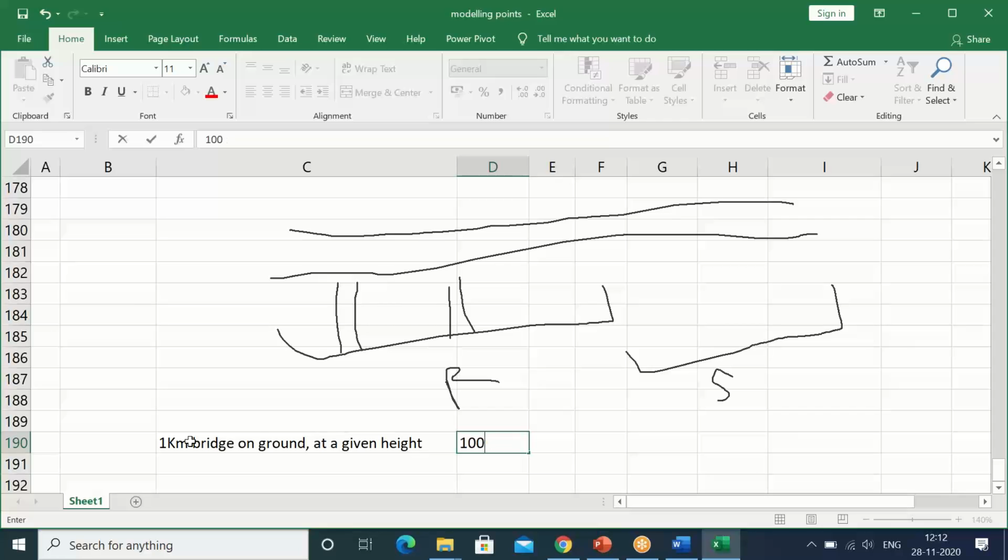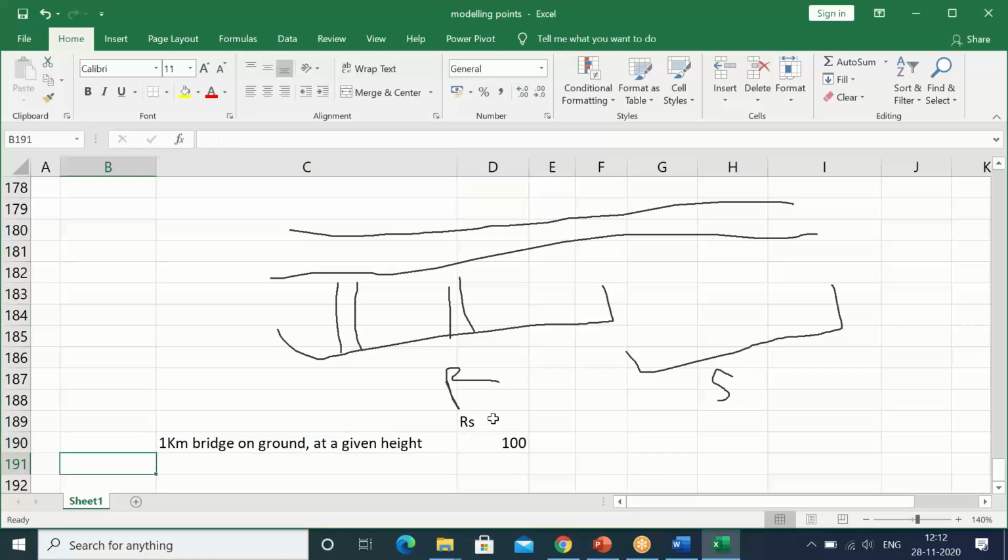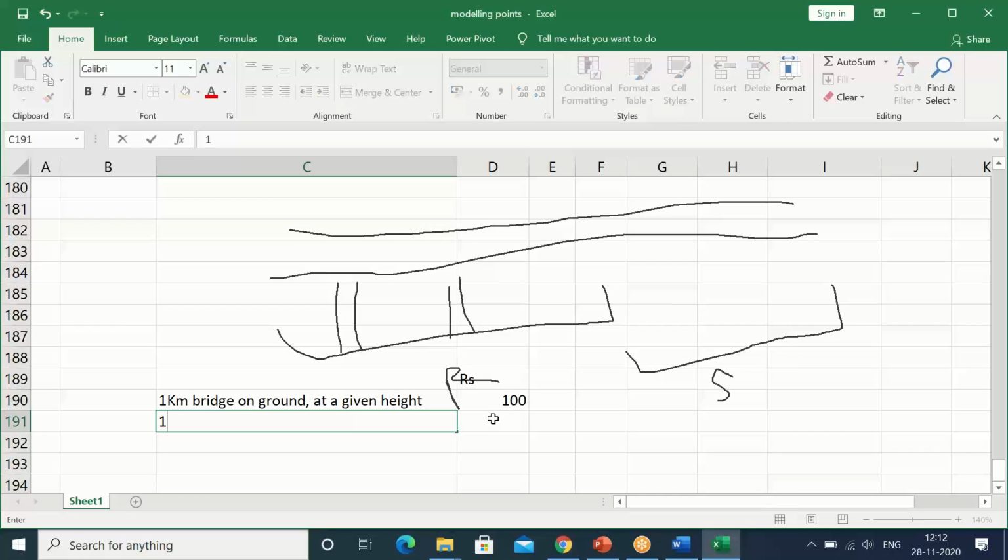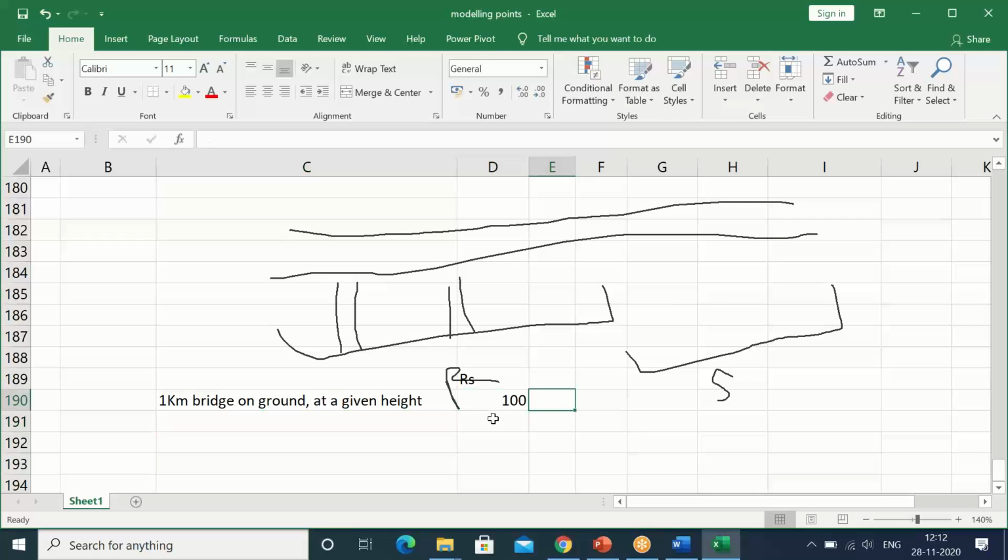Let's assume that costs 100 rupees. I'm just trying to give an example so you understand. So suppose it costs 100 rupees, and in terms of time, let's assume it takes a month.